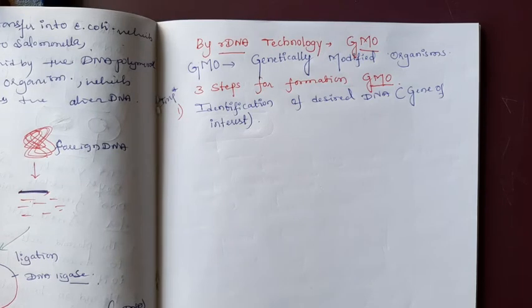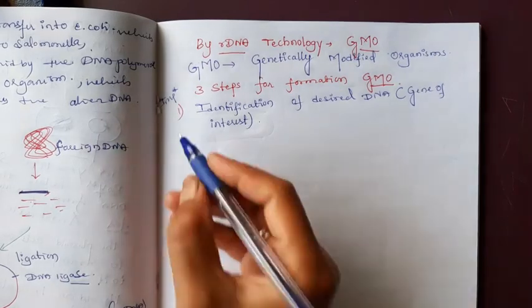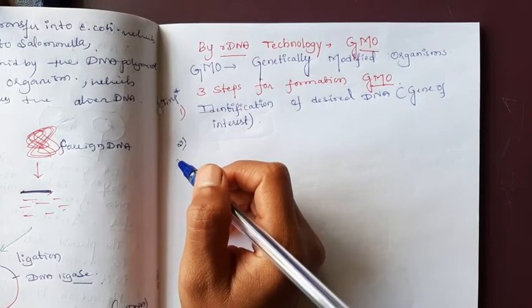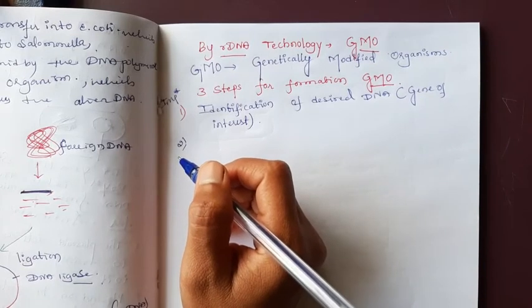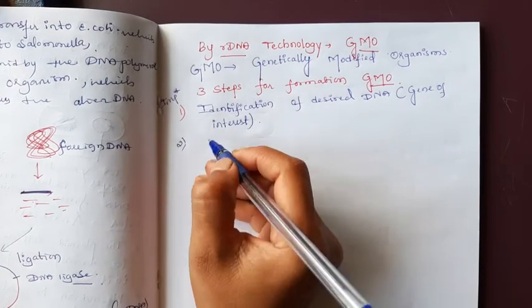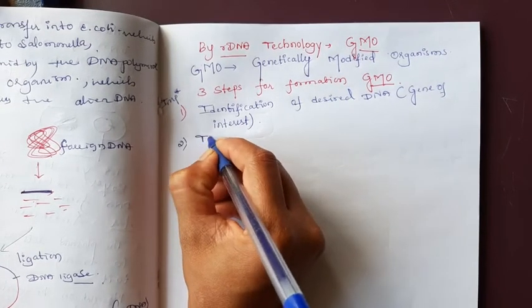Then after identification of a desired gene in the genome of the organism of interest, the next step is introduction of the identified DNA, in bracket gene of interest, into the host organism.